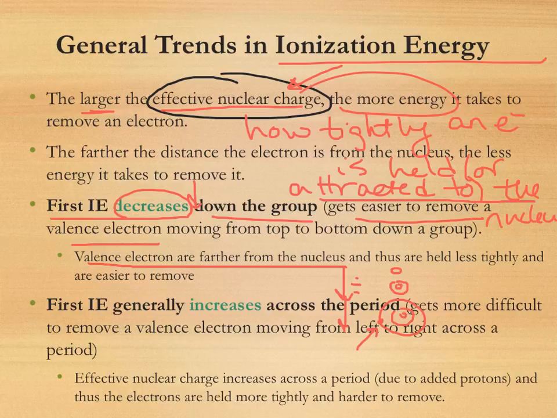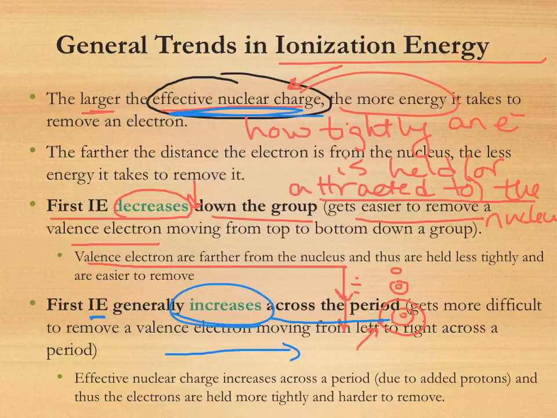As far as going across a period, left to right across one energy level, ionization energy increases. In other words, it gets harder and harder to remove an electron going from left to right across a period. So again, you need to be able to explain why, and we can explain it in terms of effective nuclear charge.